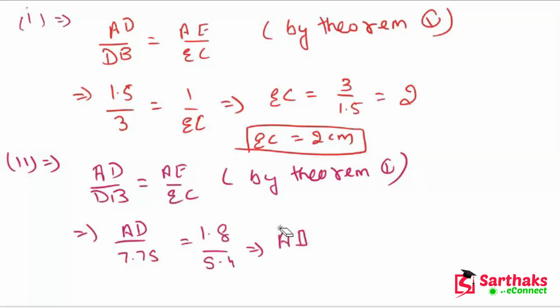Now from this we can find the value of AD. AD is 1.8 into 7.2, divided by 5.4.